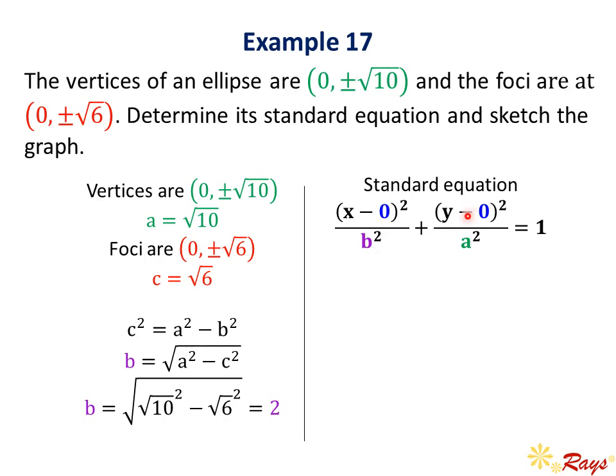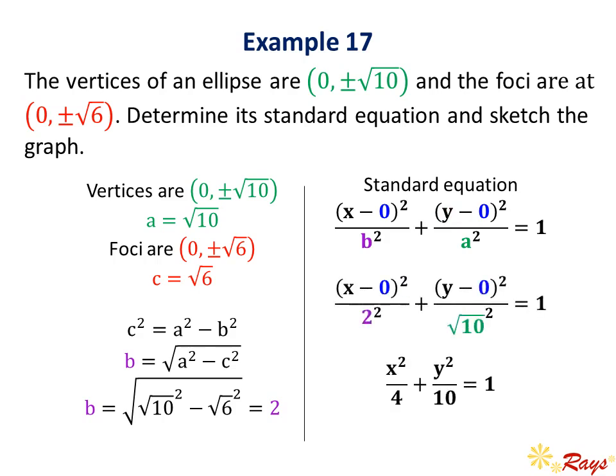So therefore, since our major axis is along the y-axis, a squared must be the denominator for y squared. Substitute all the values. So therefore, our standard equation is x squared over 4 plus y squared over 10 equals 1.